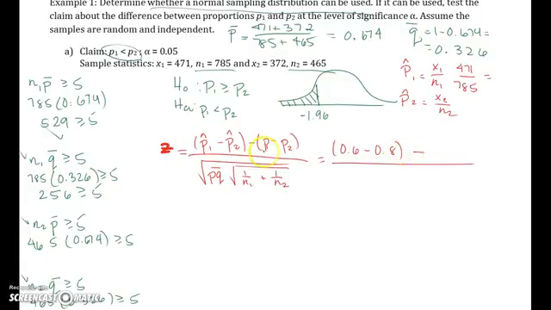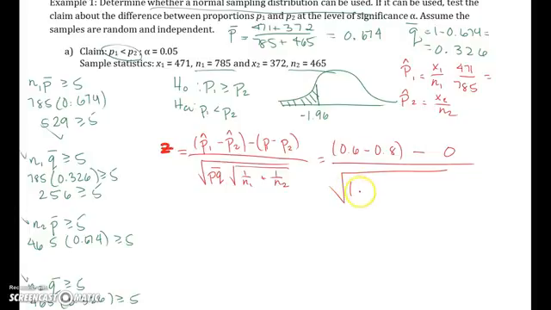Minus, now P1 minus P2. Remember, we're assuming that the null hypothesis is true, that means we're assuming that they could be equal. So if these are equal to each other, if I subtract them, I should just get 0. It's always going to be 0. Then the square root of p bar times q bar. What am I multiplying there?